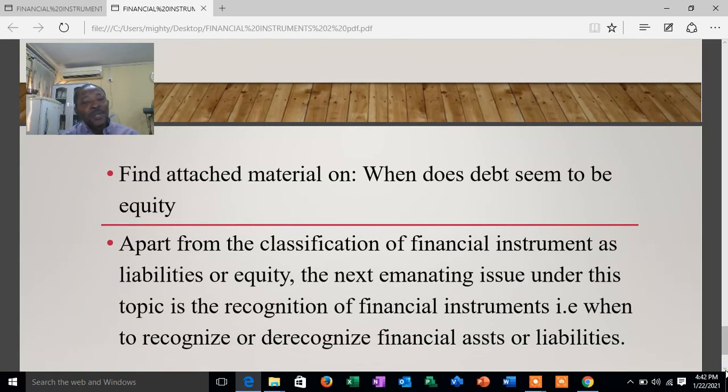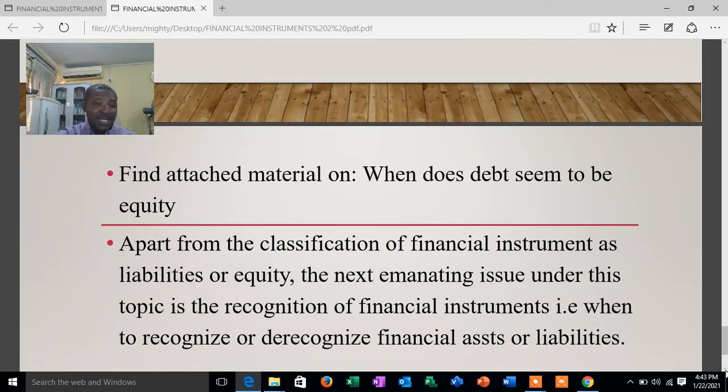Apart from the classification of financial instruments as liabilities or equity, the next issue under this topic is the recognition of financial instruments. We have dealt with the classification of financial instruments as either a liability or equity. Next, we'll move on to the recognition of financial instruments, that is, when to recognize or de-recognize financial assets or liabilities.